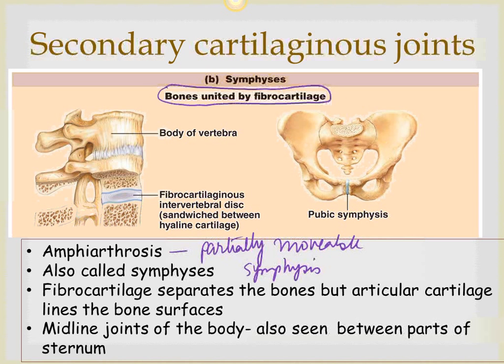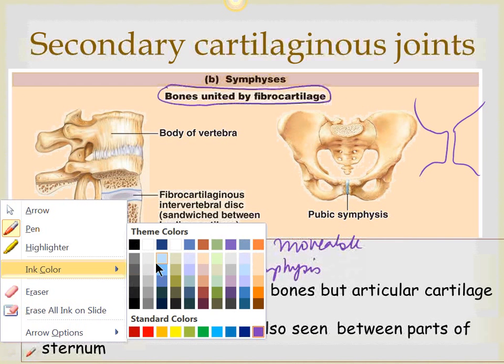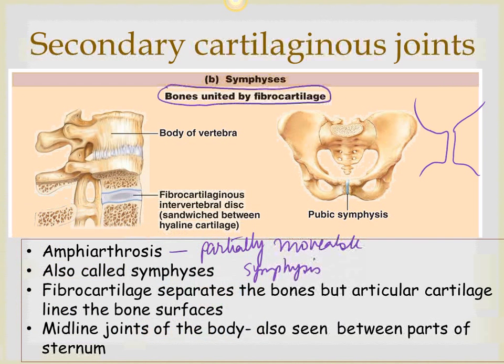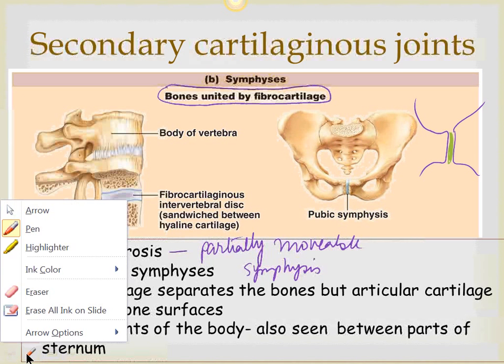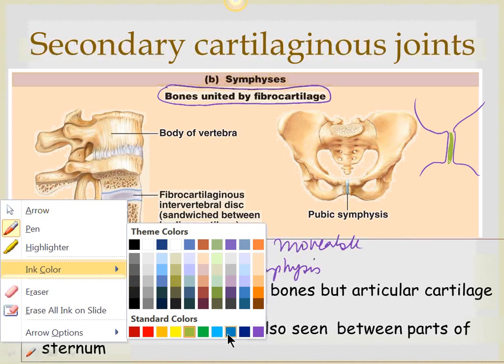So these bones are united by fibrocartilage, or the fibrocartilage is the tissue which is present between the two bones. So let's look here at the hip bone, at the pubic region. Here is fibrocartilage which is separating the two bones. But remember, bones were also lined by articular cartilage. If you remember, we talked about it in relation to long bones.